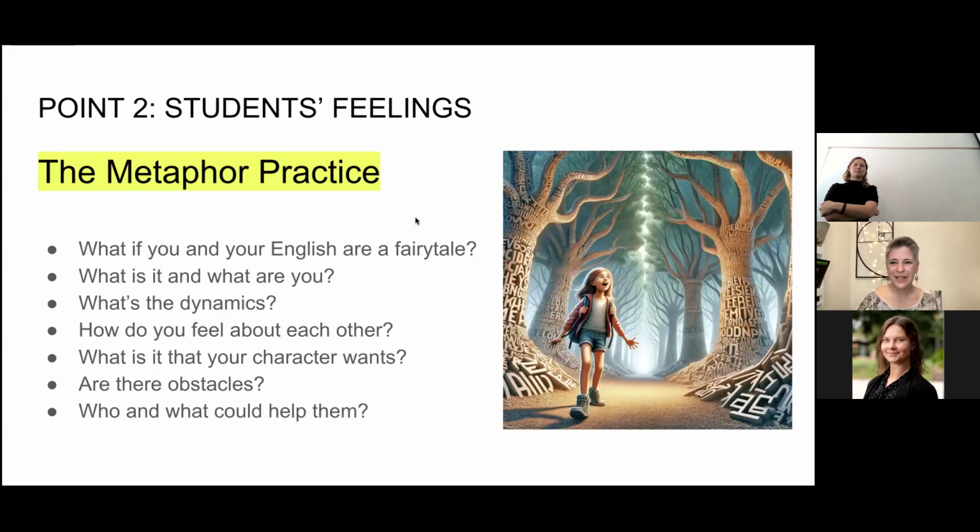This is what AI drew for us with one of my other students.